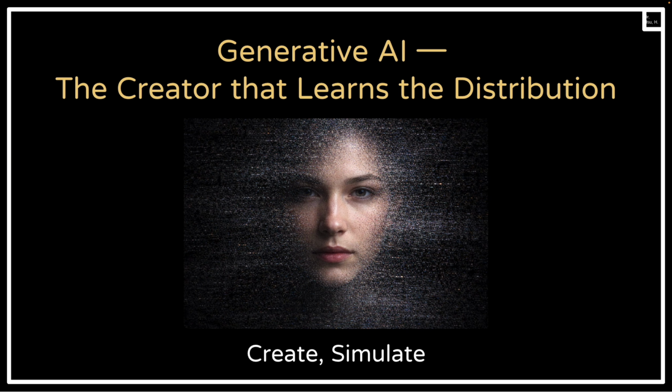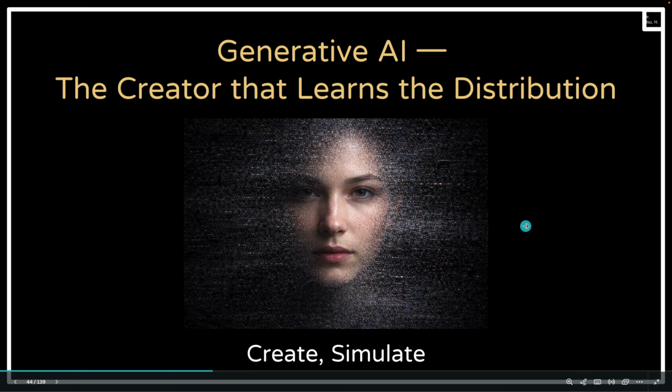It does not simply separate categories. It learns patterns so deeply that it can create or simulate new outputs. That is why the text at the bottom says create, simulate.